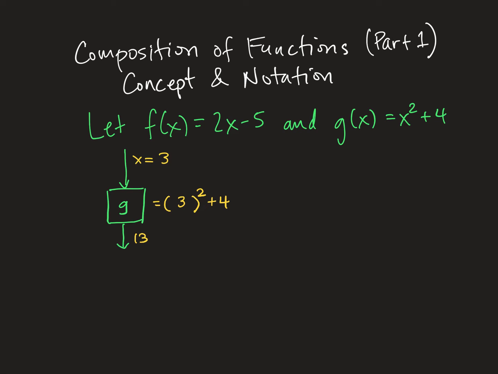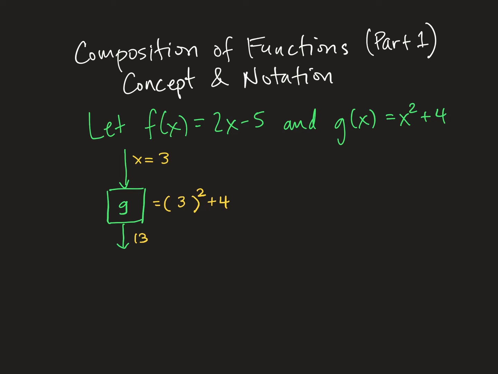So now, if I want to do a composition of functions, these are functions acting in a sequence. So if I want to compose the function f with the function g, then what happens is I'm going to take a number like 3, I'm going to plug it into one function first.